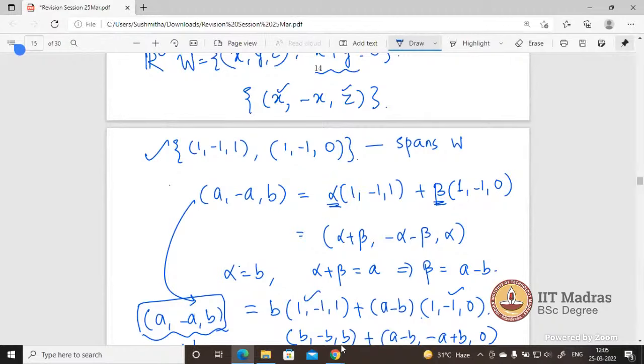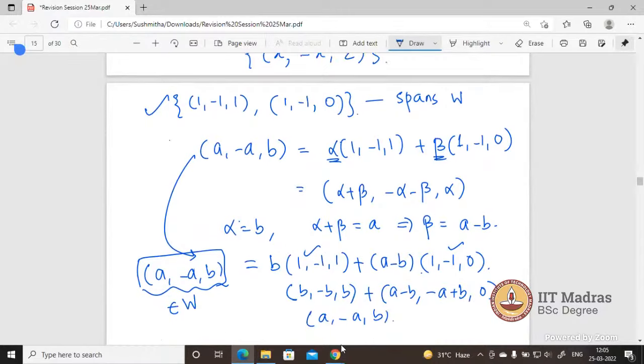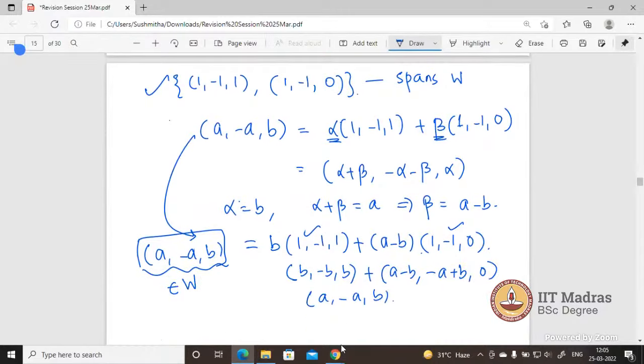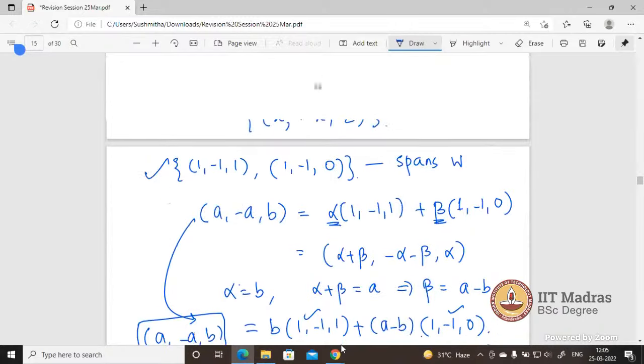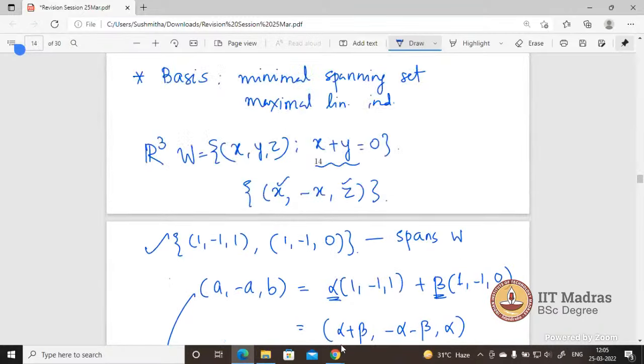Yes, ma'am. But I have a confusion, ma'am. In this equation, when x plus y is equal to 0, z can be anything. Where is x plus y equal to 0? When you were explaining the equation of W, above. Okay, z can be anything, yes.